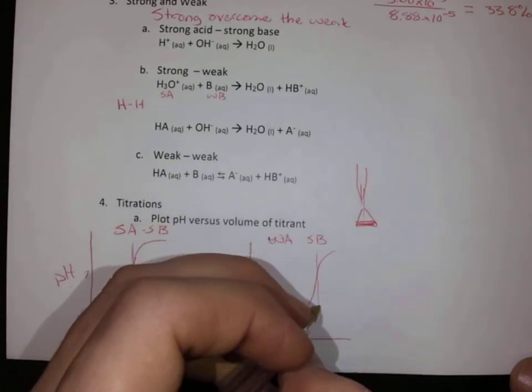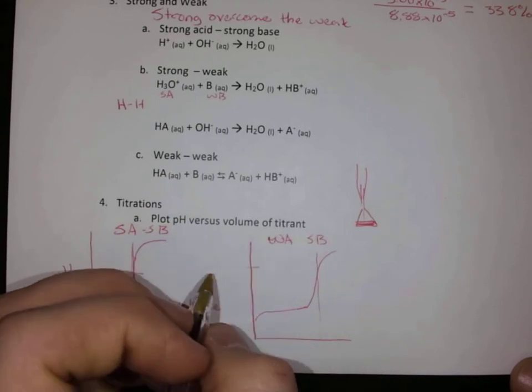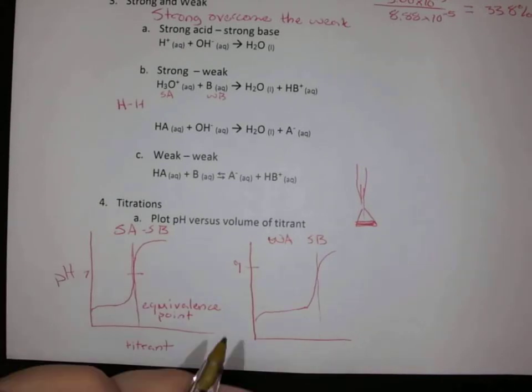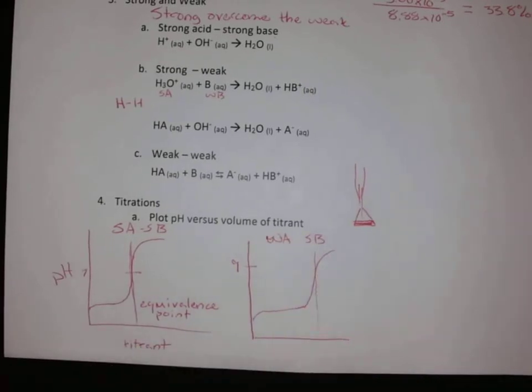So here now, our most vertical point is actually going to be up above 7, our pH at that equivalence point. Maybe it's up at pH of 9, okay? So when we have a weak acid and a strong base, the equivalence point is going to be above pH of 7, okay? We're going to come back in a second here because I'm running out of time.